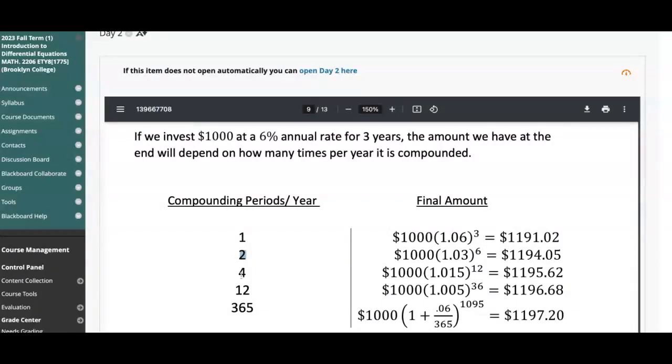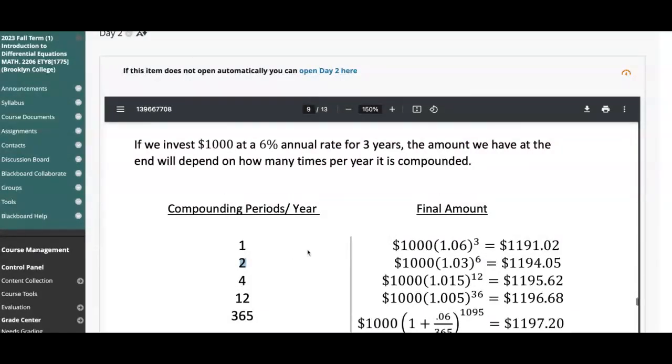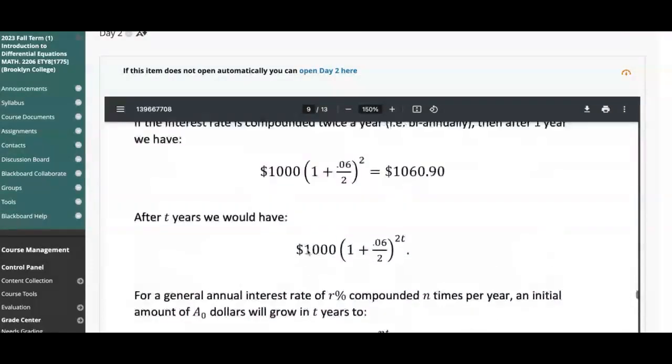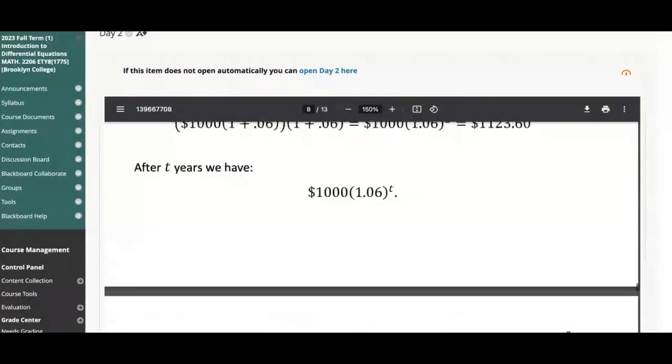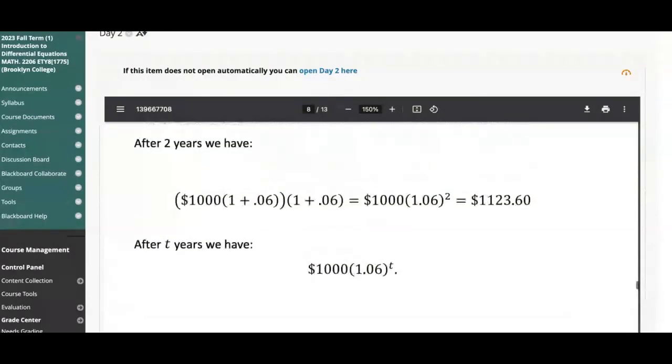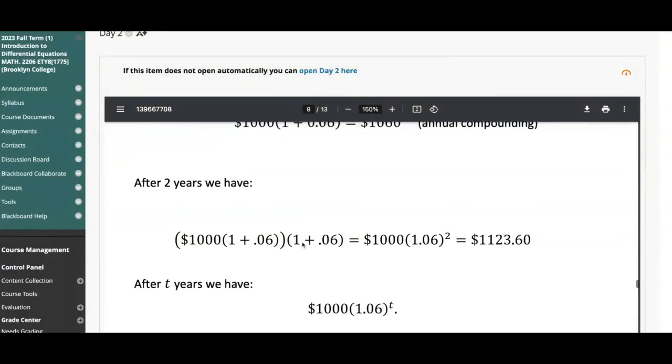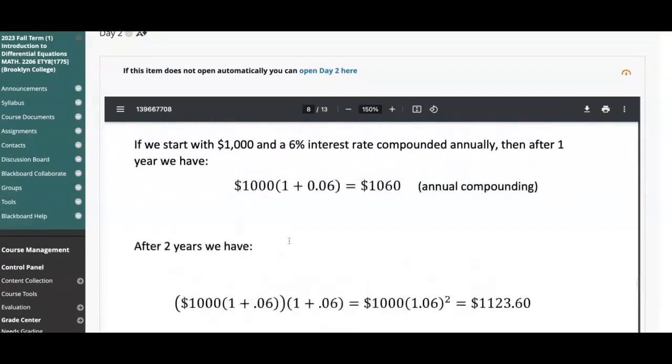Right, but in the example before, you compound once per year for 2 years, and then you compound twice a year for 1 year, and you get 2 different answers. That's true, they should be different. But in both cases, you compound twice, right? Yeah, but it's different.